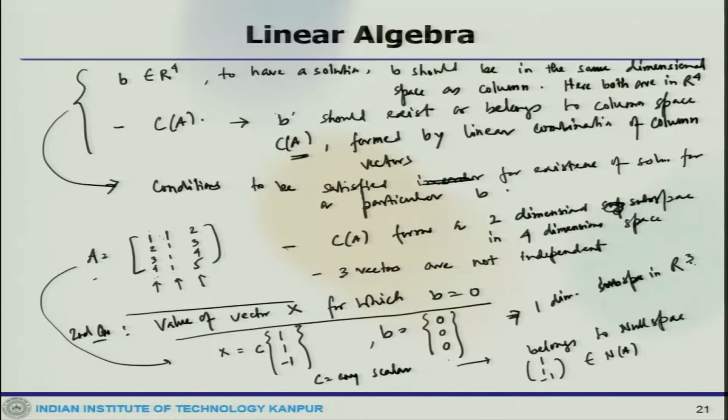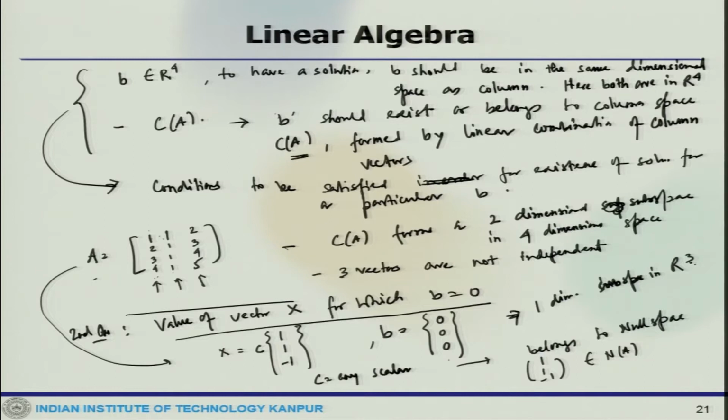Essentially, the condition is that b has to belong to the column space, and then only we can have a solution. The next question we have raised is what vector gives us the 0 solution. The vectors which provide the 0 solution belong to the null space.